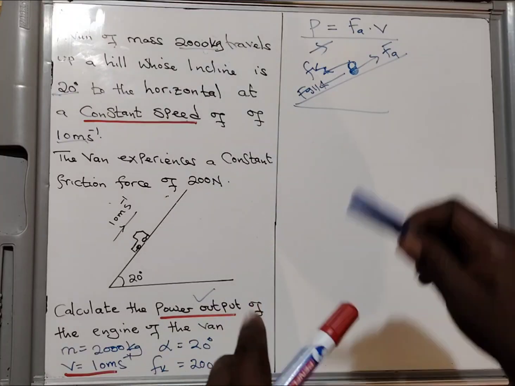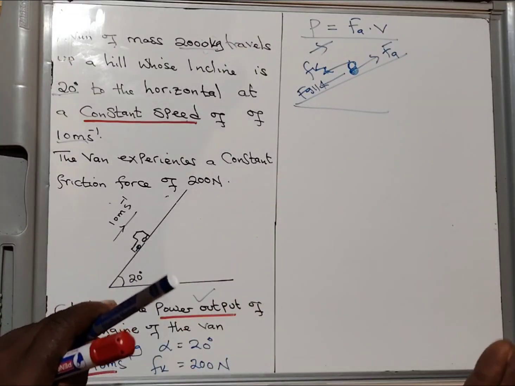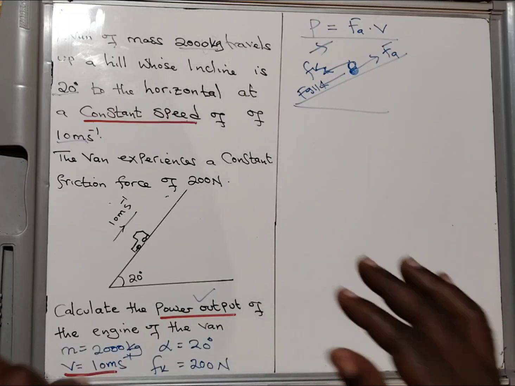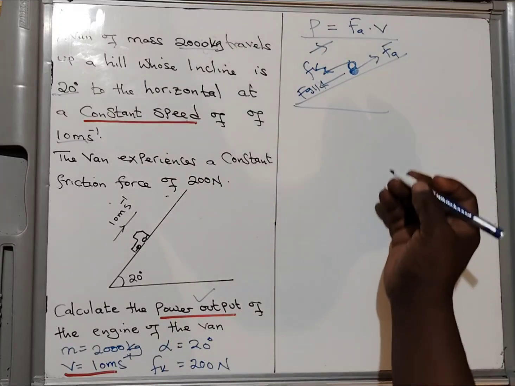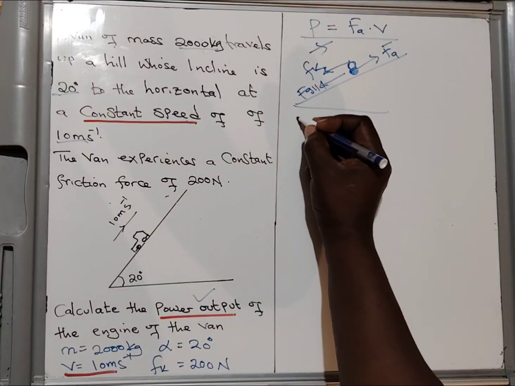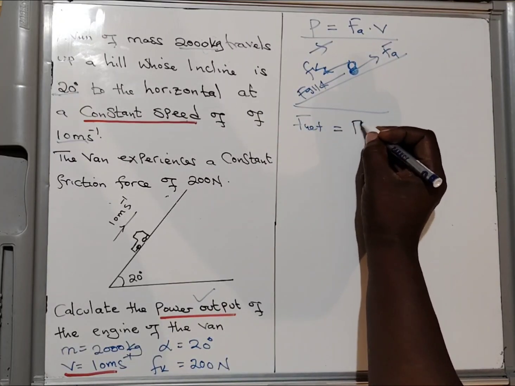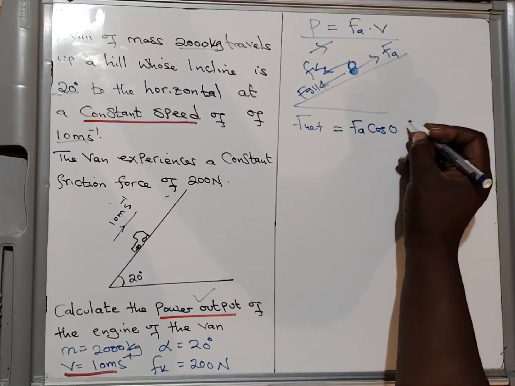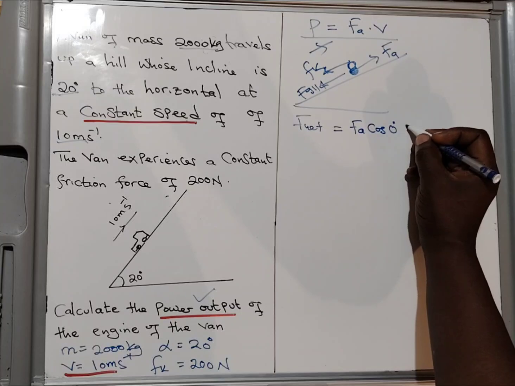Now with this information, how do we get force applied? Remember, the entire case is about getting force applied. Once you have force applied, the case is done. So you bring your net force. You say F net is equal to Fa cos 0 degrees. Why? It is in the direction of displacement.